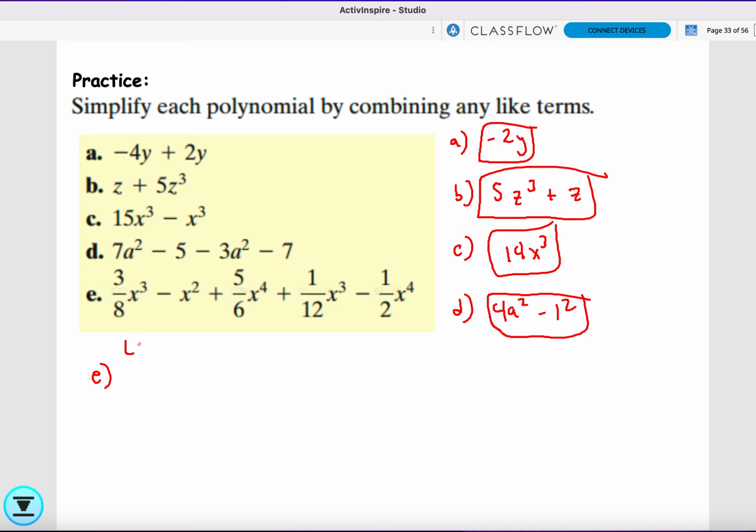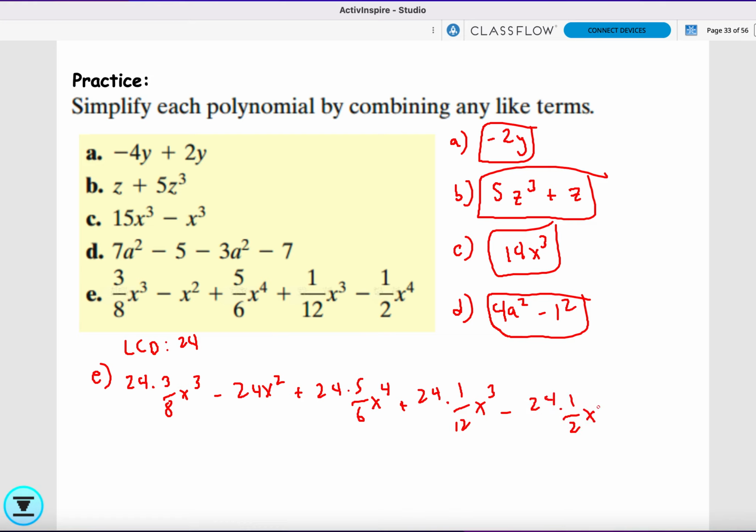So the LCD is 24. Let me show you what happens when you multiply this out. So then you get 24 times 3/8 x cubed minus 24x squared plus 24 times 5/6 x to the fourth plus 24 times 1/12 x cubed minus 24 times 1/2 x fourth.